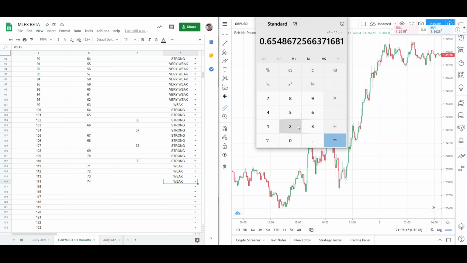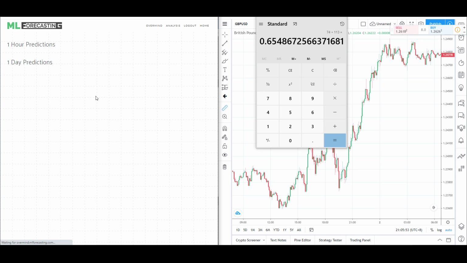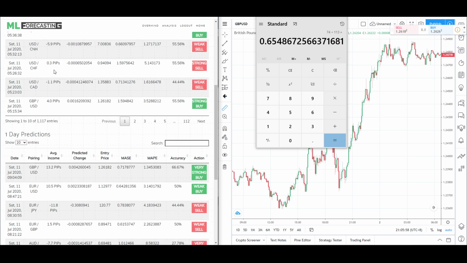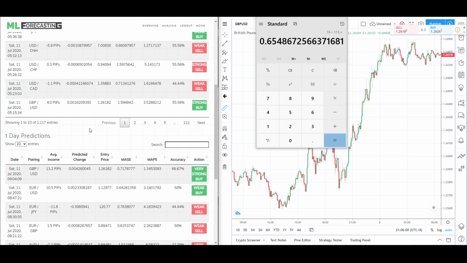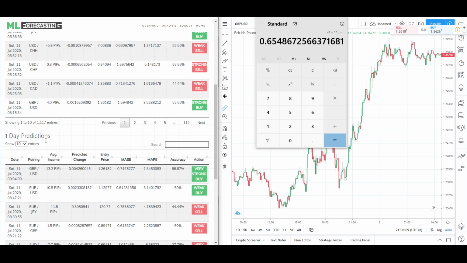This will all be automated on the analysis page. There will be a running tally at the top of the 1 hour predictions and the top of the 1 day predictions, where it will show all of the pairings that we have. Then it will show the different strength of signals, and the wins and the losses for each of those signals for the previous month, or whatever period we decide, it might be the lifetime of this system.